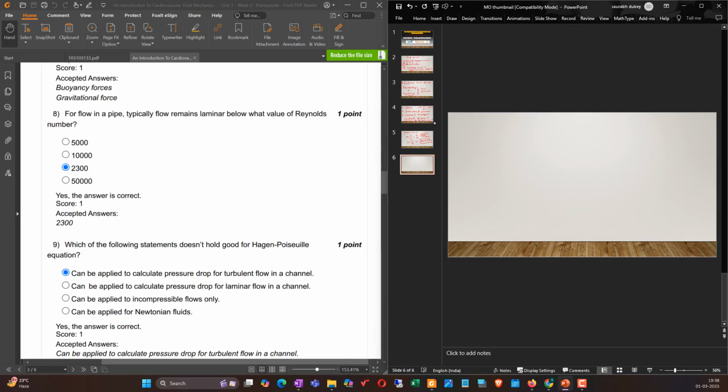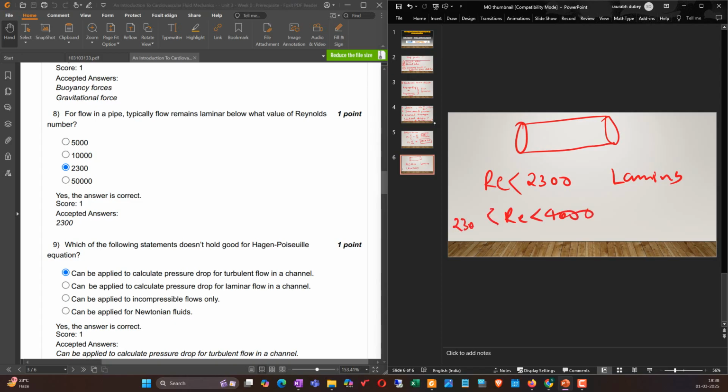So in the pipe flow, for laminar, if the Reynolds number is less than this, it is laminar, and this is transition, and then more than this is turbulent, right?